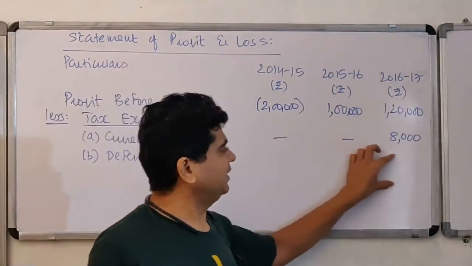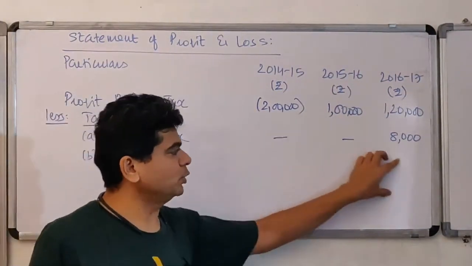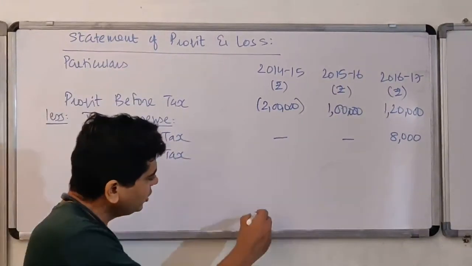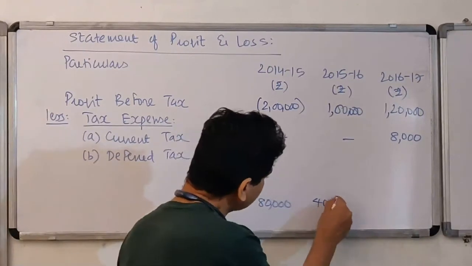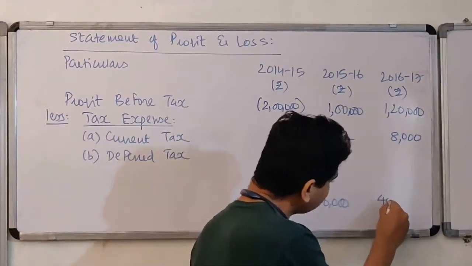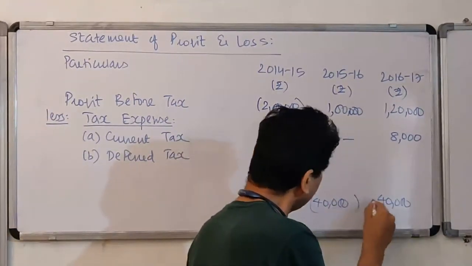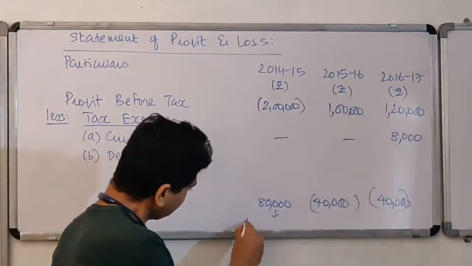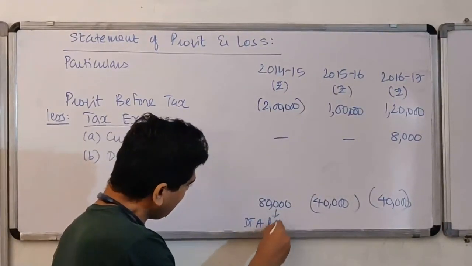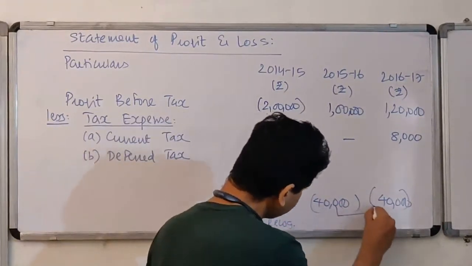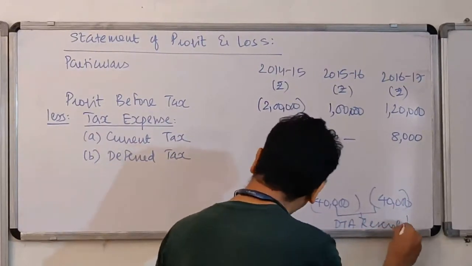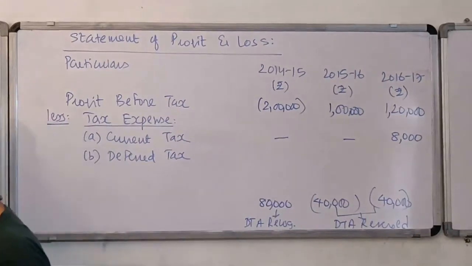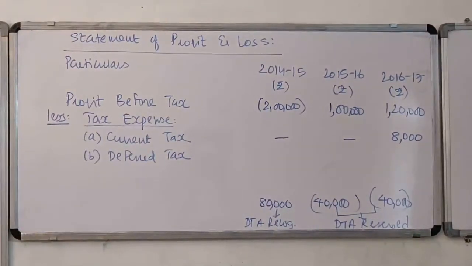Now be careful with the deferred tax that we are supposed to put over here. If you'll see your working, we are showing 80,000. If you see the earlier working of deferred taxes, this is what we are having. This is DTA recognized, while this is DTA reversed, isn't it?